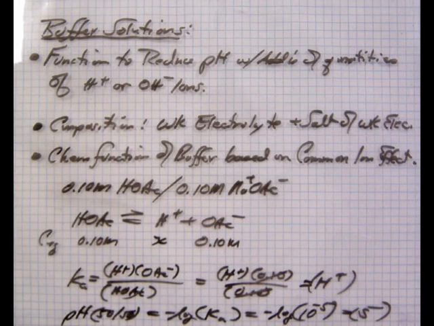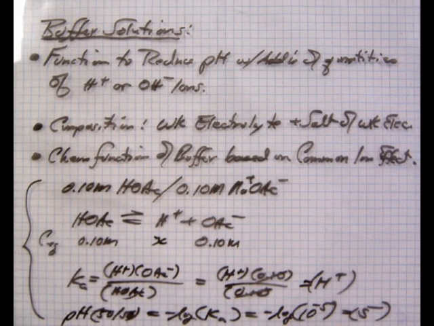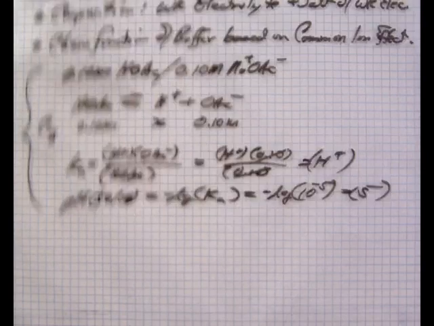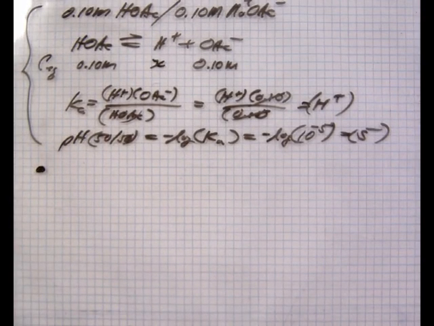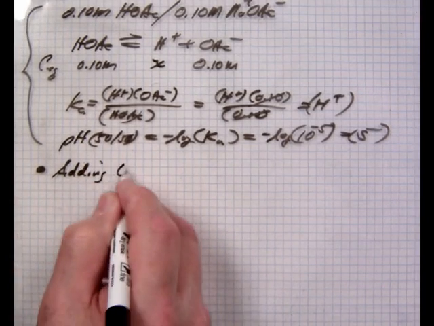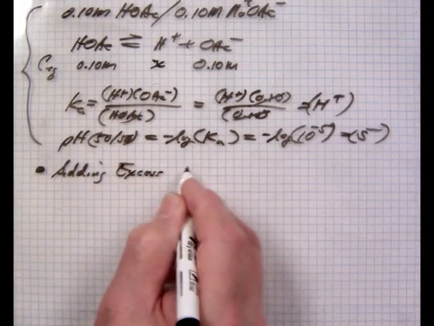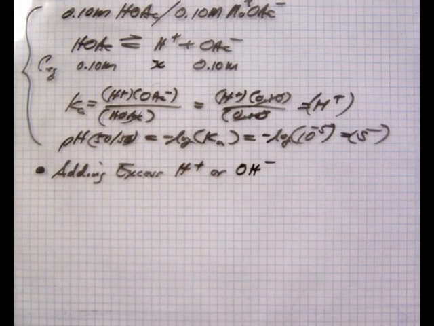Now, that's one issue, calculating the pH of a buffer given the concentration before you throw in any excess hydroxides or excess acids. Another problem is, what happens if you add extra acid or extra base? And you're going to be asked, what's the new pH?